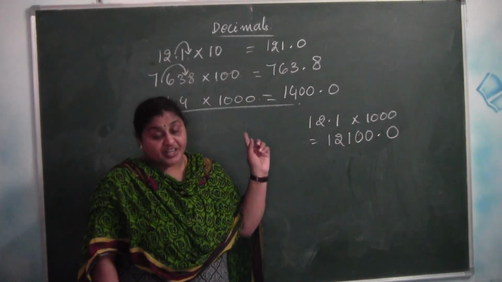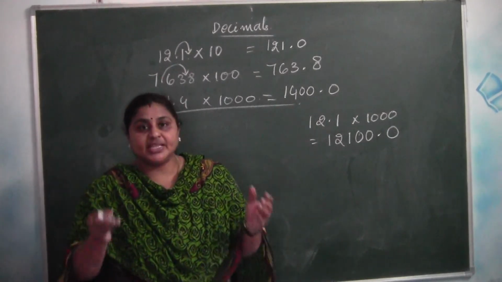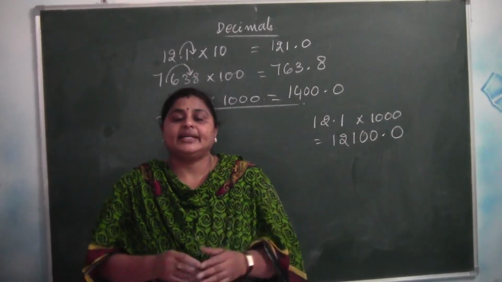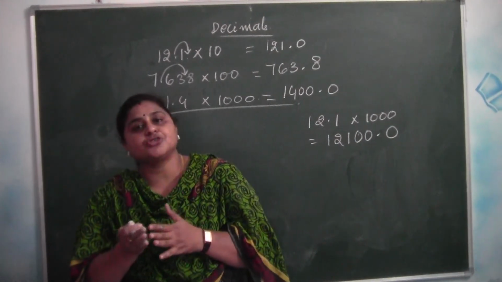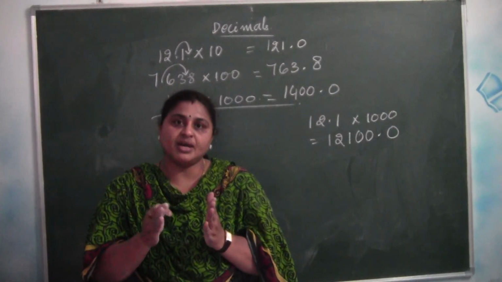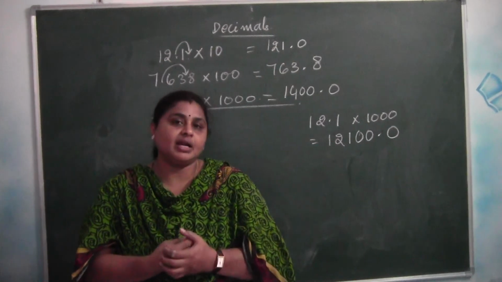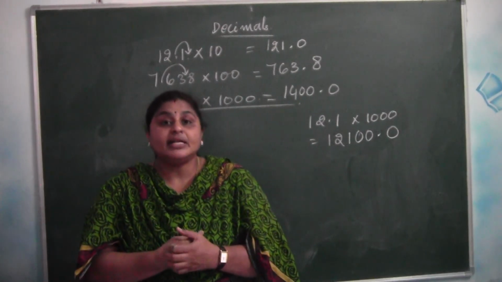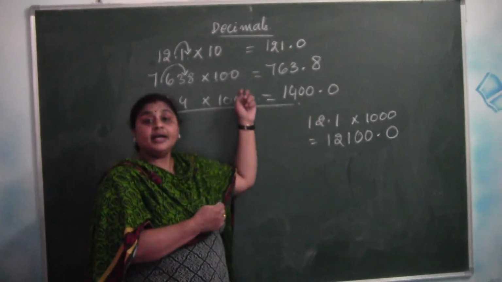But in case of division, that we will learn in the next concept. For this class, what did I teach you? How to do addition and subtraction of decimal numbers, multiplication of a decimal number with a number, multiplication of 2 decimal numbers, and multiplication of a decimal number with 10, 100 and 1000.